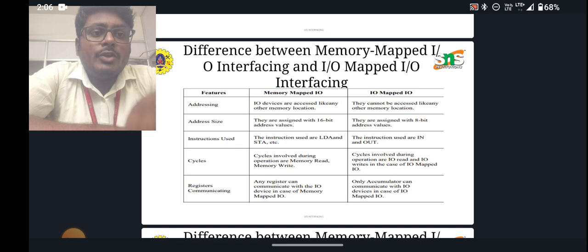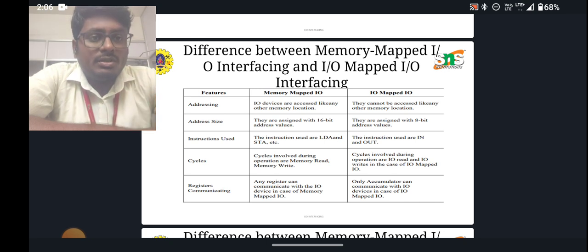As for the registers communicating, any register can communicate with the I/O device in memory mapped I/O, whereas only the accumulator can communicate with the I/O devices in I/O mapped I/O.